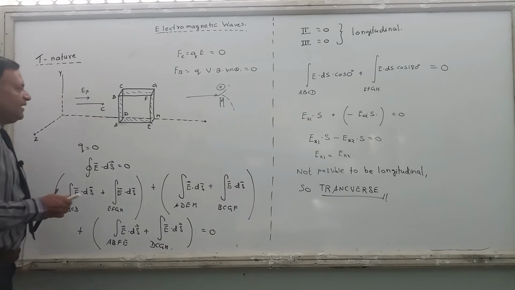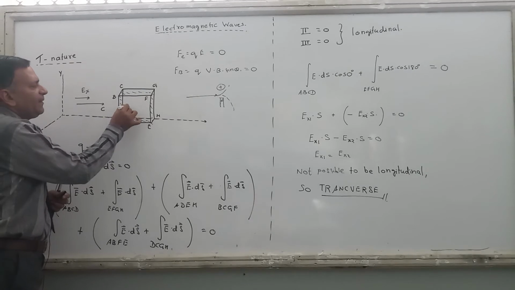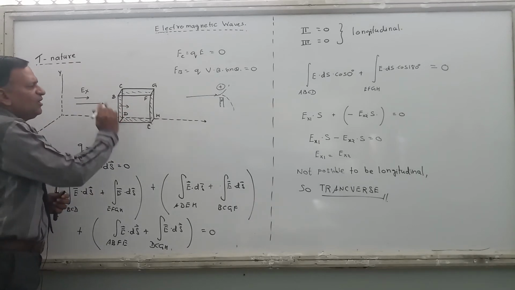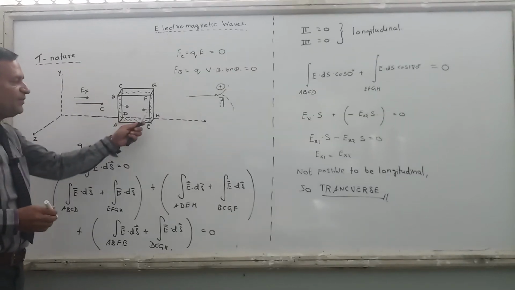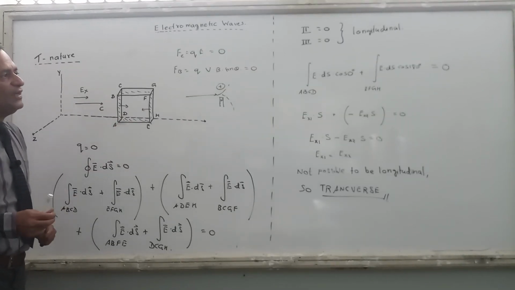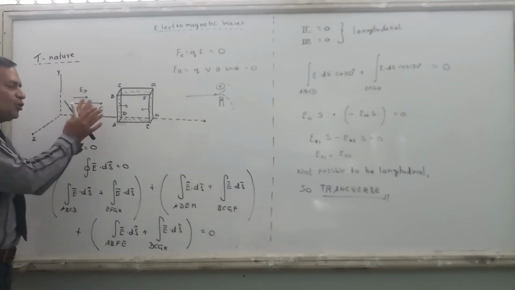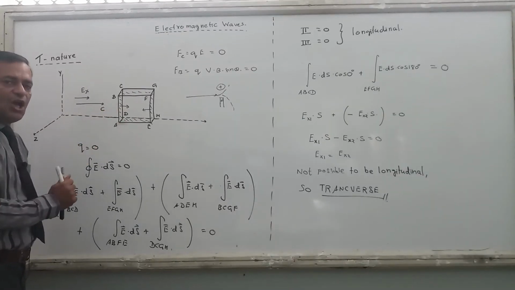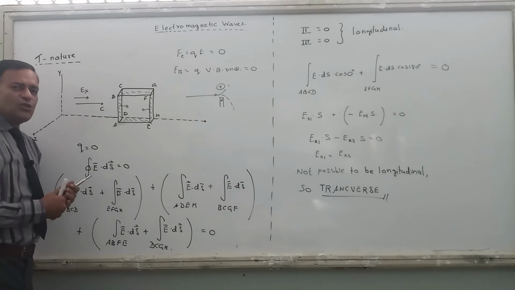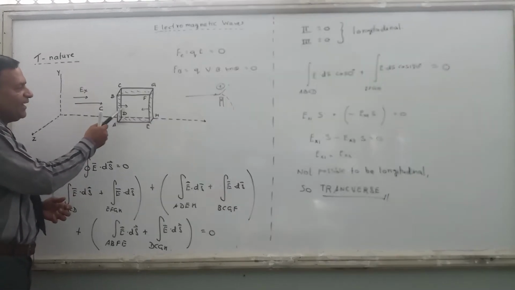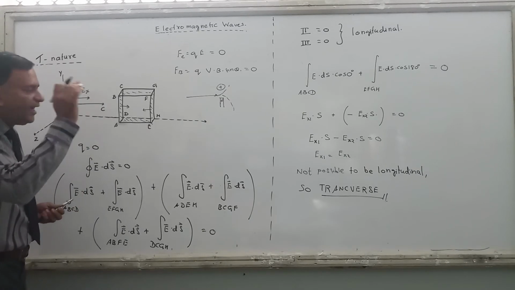See, here if I take the direction of this surface to be like this, then the direction of this surface should be like this. या तो आप दोनों टाइम पे जब सरफेस एरिया वेक्टर को कंसीडर करो, यानी कि ds को कंसीडर करो, तो either the area should be outside always or they should be inside always. ठीक है ना? You can also choose, आप बोल सकते हो कि भाई सर आपने ये वाला इनसाइड डायरेक्शन चूज किया है, मैं इसको आउटसाइड चूज करना चाहता हूं, तो you can do that.